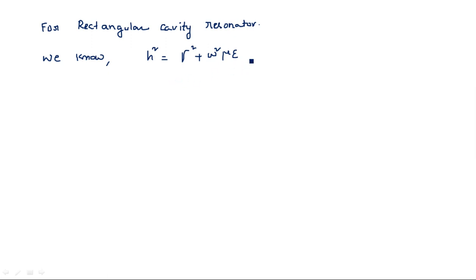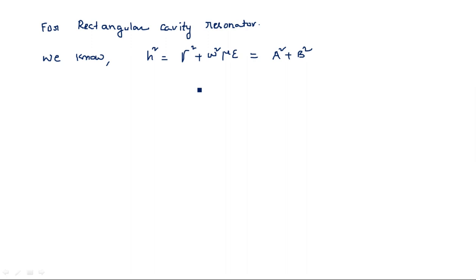Also, h square in a rectangular waveguide is equal to a square plus b square. All these are assumed values. What is a, what is b?